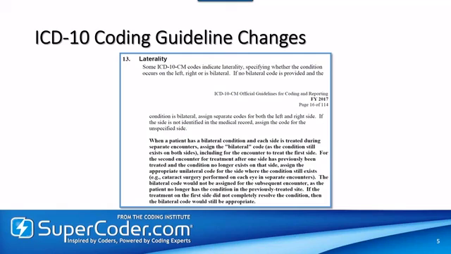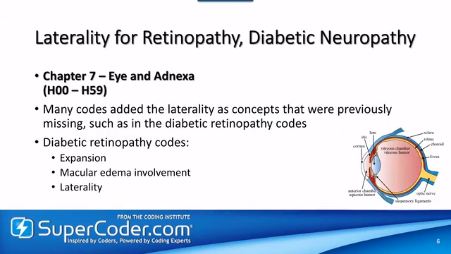Another big thing is within our section of Chapter 7, for those of you whose specialty this is or who see this on a regular basis. This has lots of changes within Chapter 7, H00 through H59. We've got a ton of different codes that were added to go into that laterality aspect.